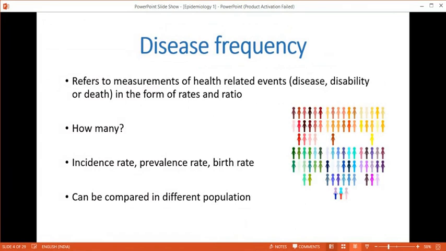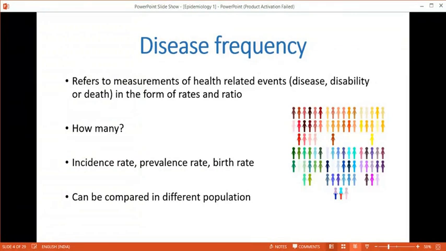Disease frequency: how many? This is what we need to know. If it is a disease or a disability or deaths, it can be anything which we want to study. We may even need to study the vaccination status or the nutritional status. Anything which we want to study will be an event, that is, a health-related event. And the frequency means how many.